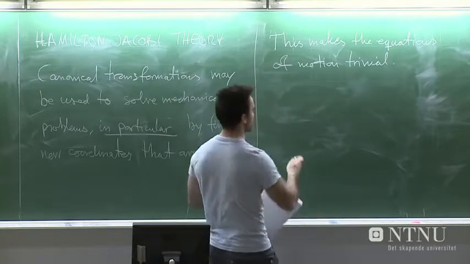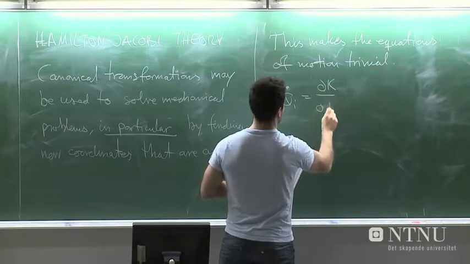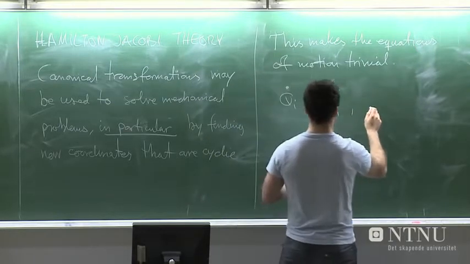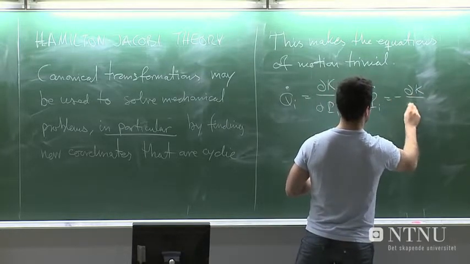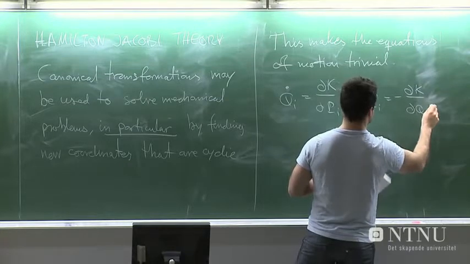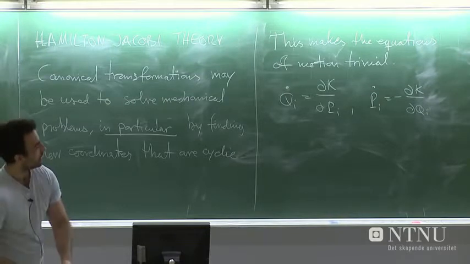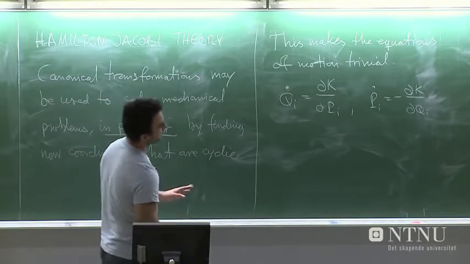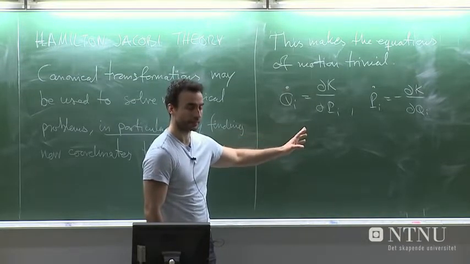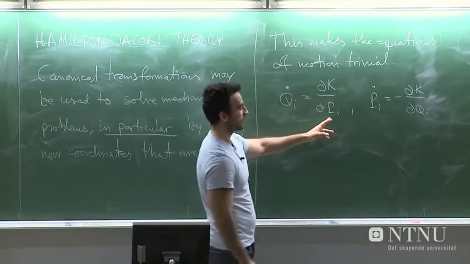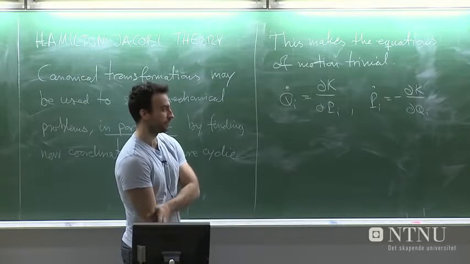So the Hamilton equations, let me just remind you, look like this. Now, is there any obvious way that we can guarantee that not only one of these coordinates is cyclic, but both of them, from this form?